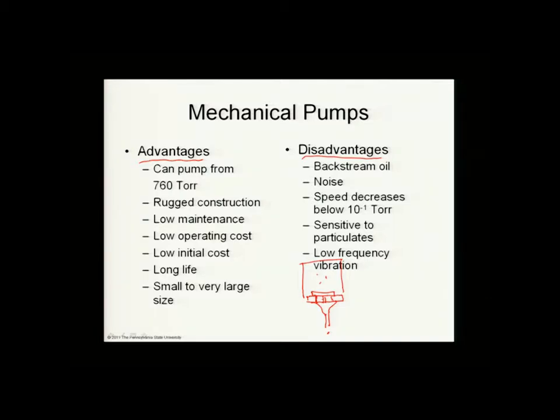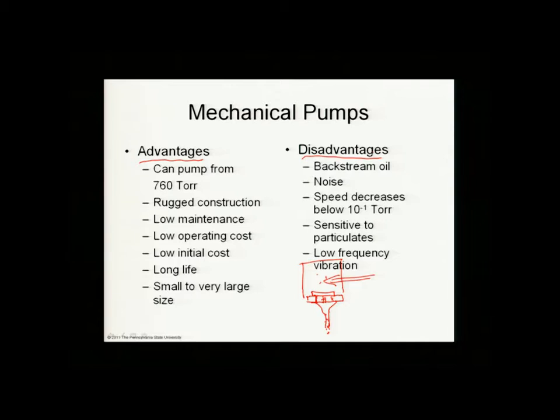This is one way of holding samples down in a number of situations, and a mechanical pump is often used to do that. But no, we're not focusing on that. We're talking about controlling the process environment.